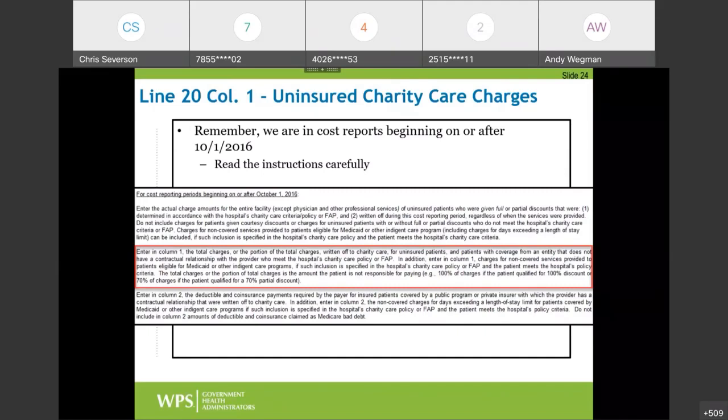And let's see, a non-Medicare bad debt, what if it relates to a deductible or co-insurance? You make a very good point here, and that's an argument that was actually made, I think, if it wasn't last year, it was the year before.